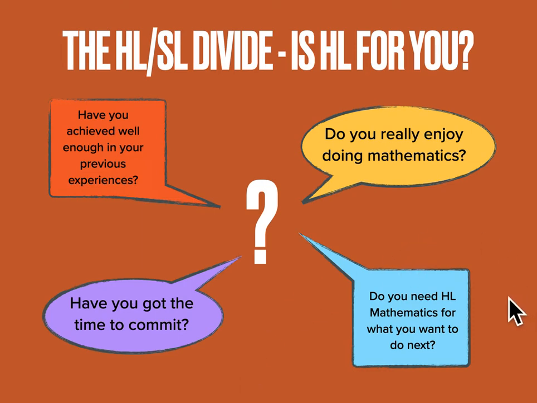It's probably worth noting as well that for some subjects at IB, the difference between high level and standard level is less obvious than it is in mathematics. That's the different nature of subjects. It's bound to be that way. In some cases, the difference is just more content. In maths, it's very much the case that it's more content and it's harder.